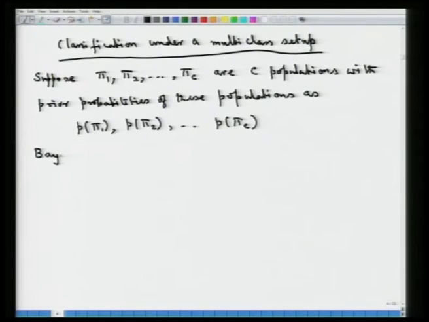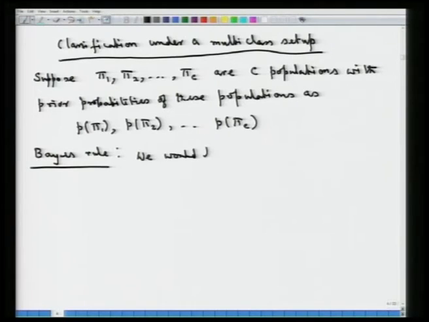Now, let us look at the type of classification rules that we have derived for the two population problem. Let us first look at the Bayes rule. Now, the Bayes rule is going to choose that particular population which has the highest posterior probability.